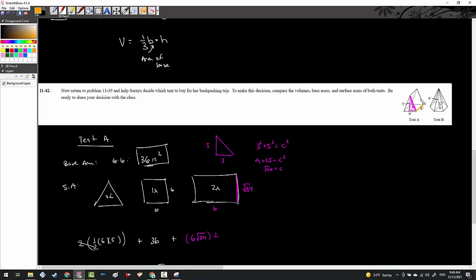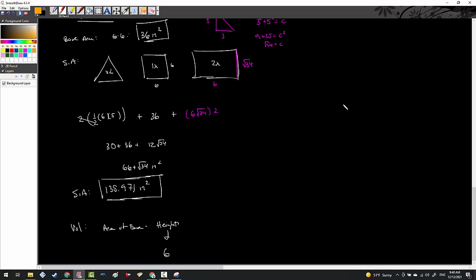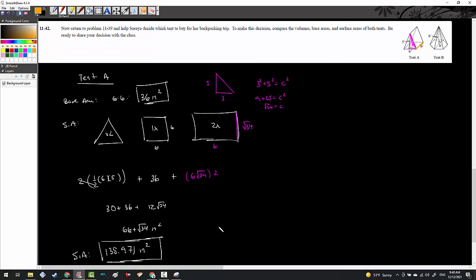I'm tilting the tent on its triangular face. So now I just need to find the area of the triangular base, which isn't too hard. It'll be 1/2 base times height, which is 3 times 5, which is 15. 15 times 6 is 90 inches cubed. And that's going to be the volume of tent A. So we have a surface area, a volume, and a base area. And then we'll go and compare that to tent B.